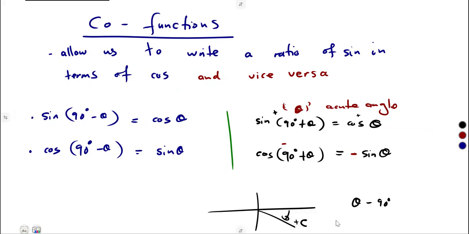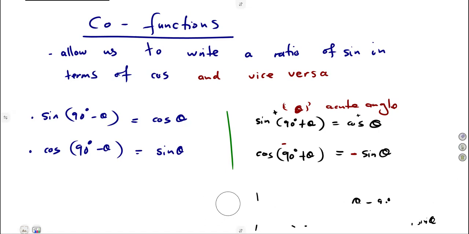So if it is cos of theta minus 90 degrees, whatever I'm going to have there must be positive, because cos is positive. But sine is negative in the fourth quadrant, so whatever I'm going to get there must be negative.